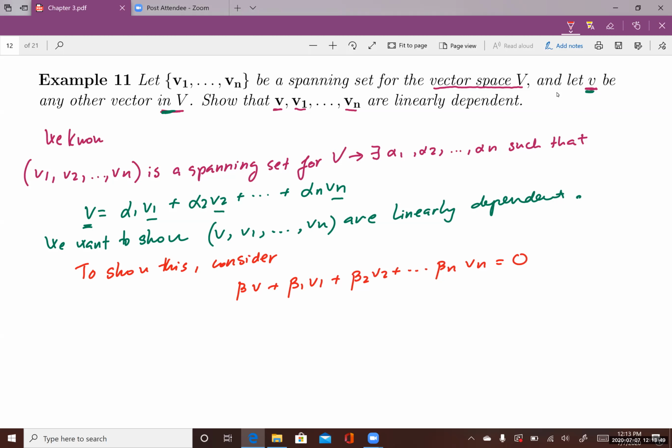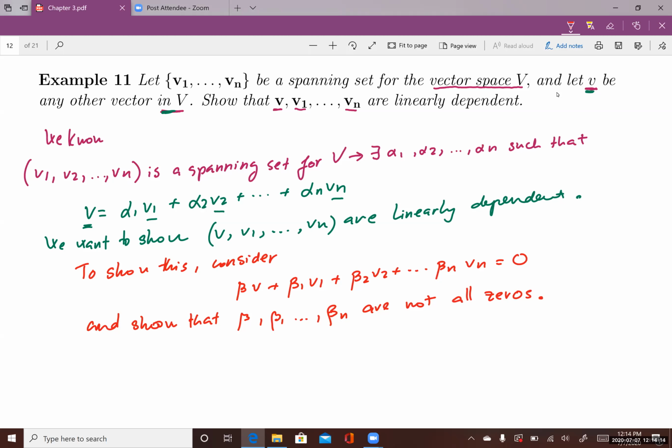We consider this equation and show that beta, beta 1 to beta n are not all 0.